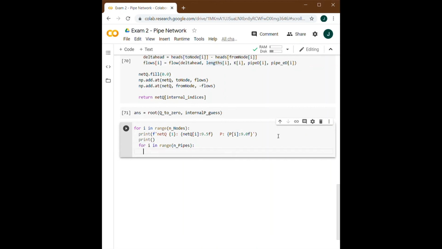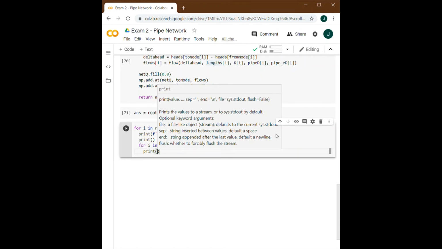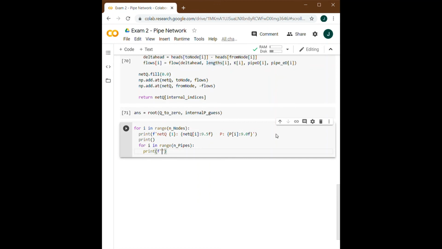statements. So we're going to create a print statement very similar. What the print statement up here does is show our net flow at each node and the pressure at each node.